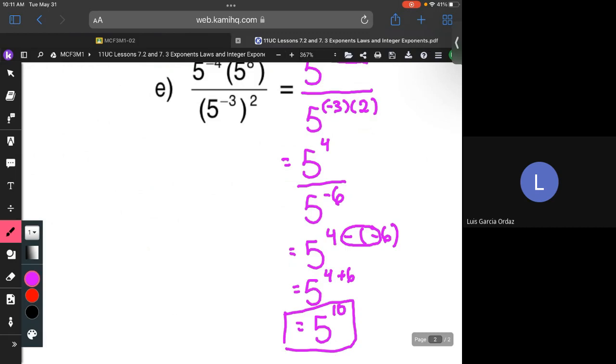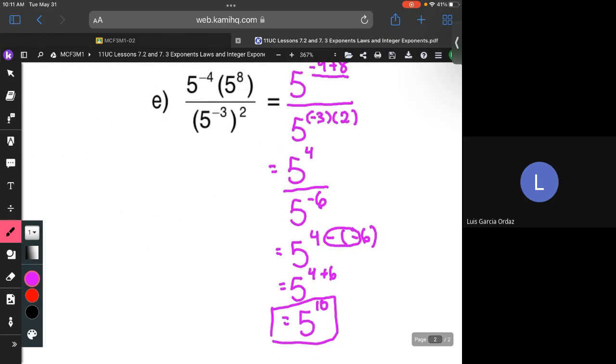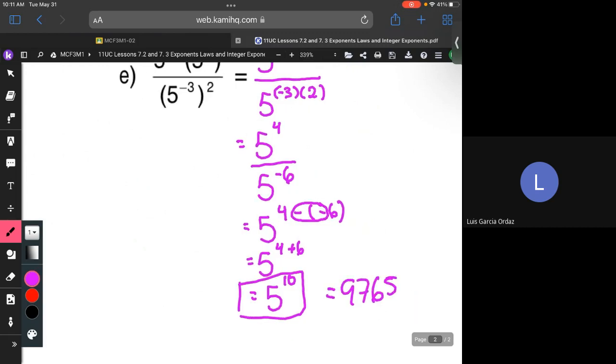And if I ask you to evaluate, what's 5 to the power of 10? 9,765,625. So that's the evaluated part, that big number. That's when you put 5 to the power of 10 in your calculator.